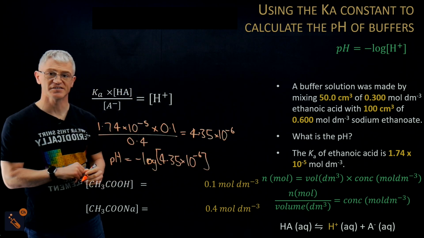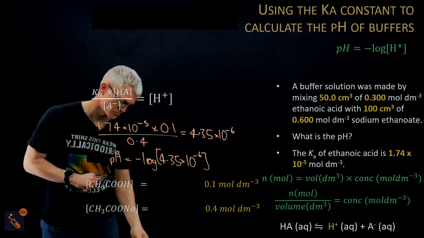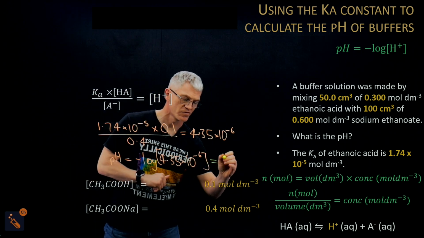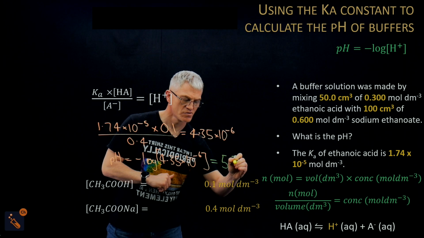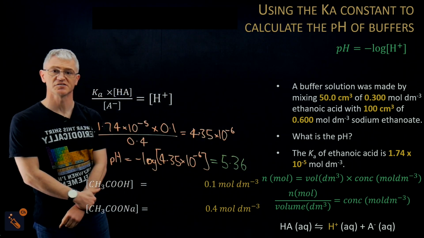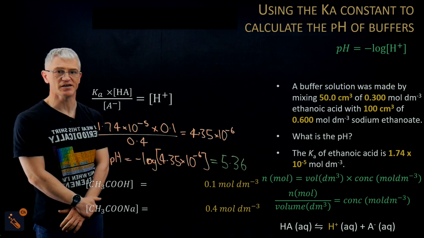Let's get a different colour here. That will equal a pH of 5.36, to 2 decimal places. And that is the most typical question you'll get.